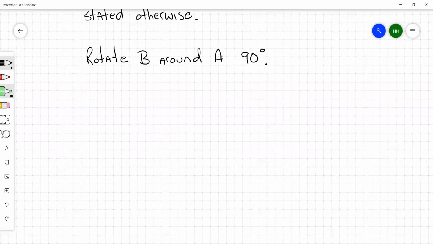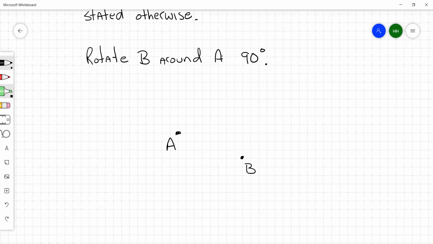If you're rotating around A, A is your center of rotation. You're going to rotate point B around point A 90 degrees. So let's say that point B is right here.